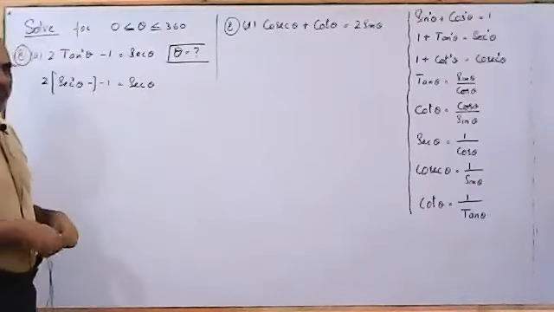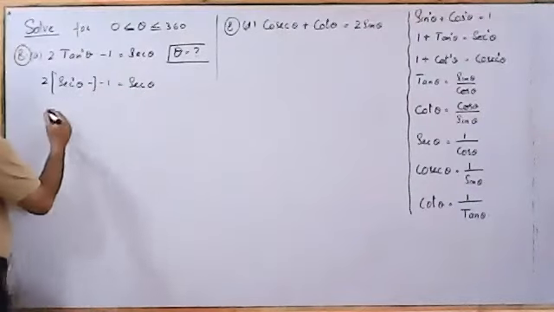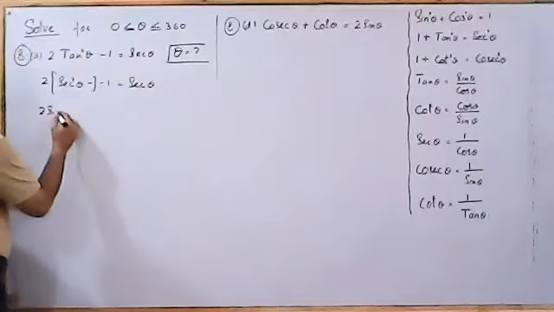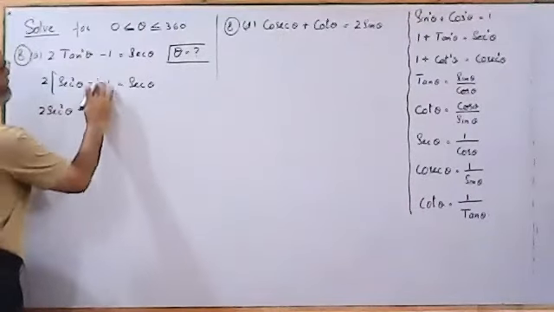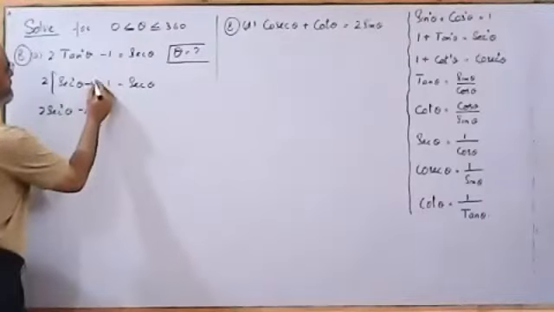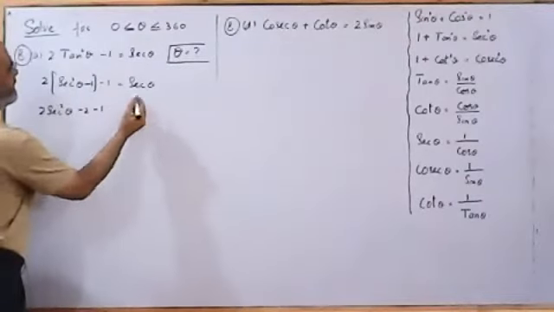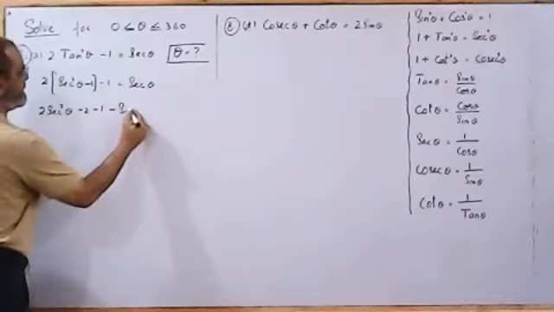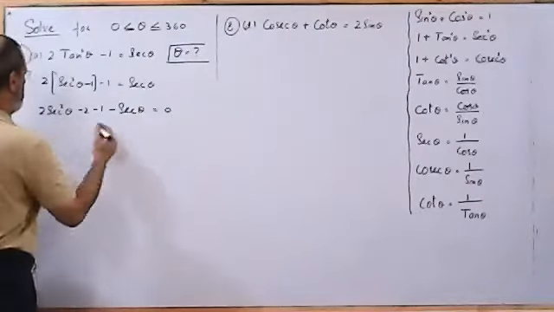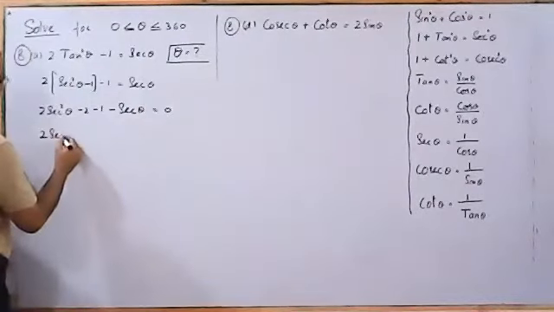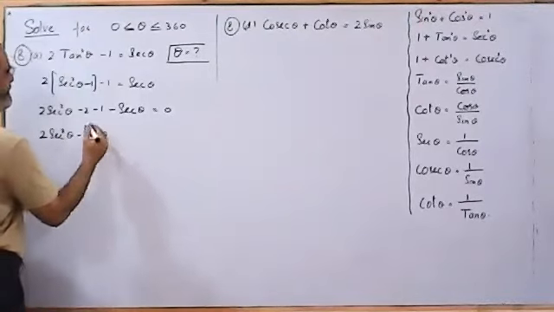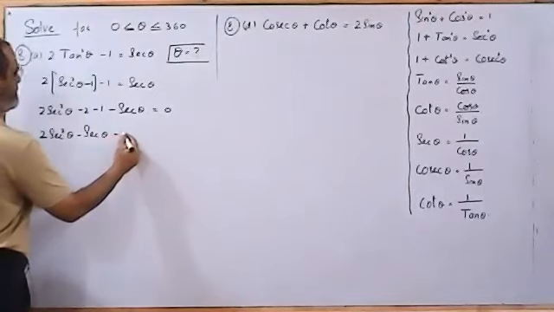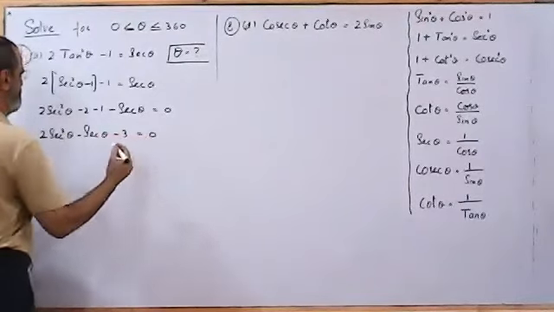Now just arrange this equation and solve. I got 2 secant square theta minus 2 minus 1 and minus secant theta is equal to 0. 2 secant square theta minus secant theta minus 3 is equal to 0.